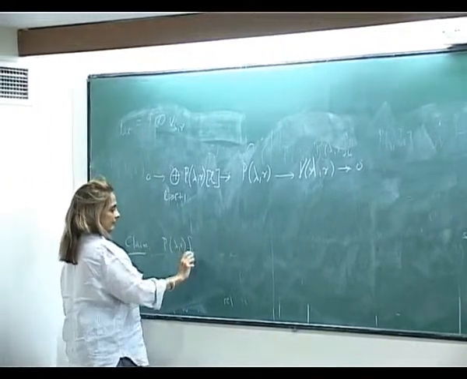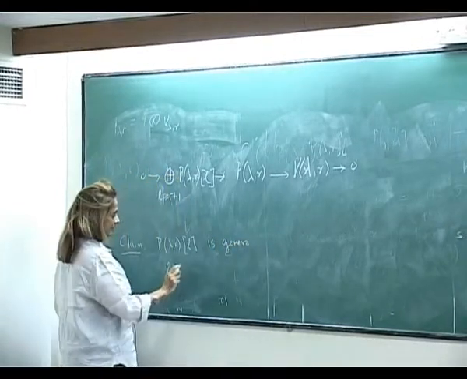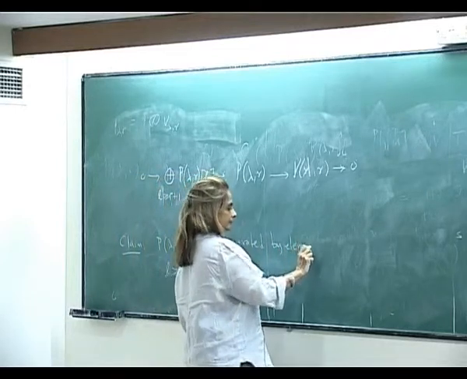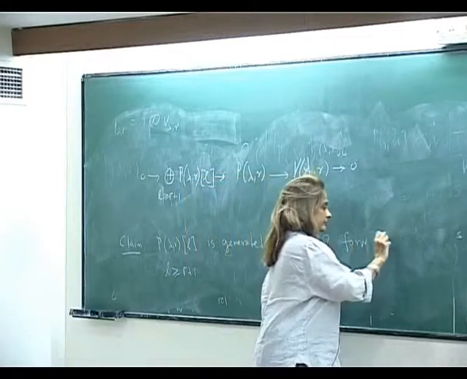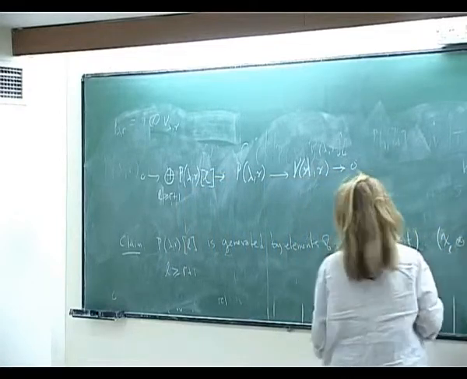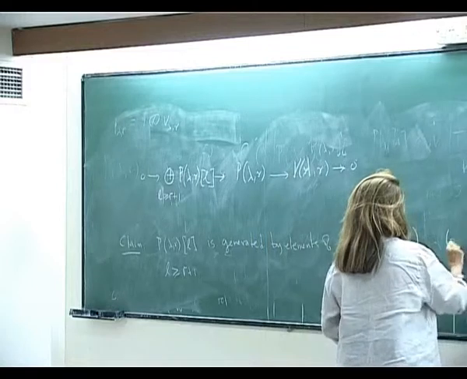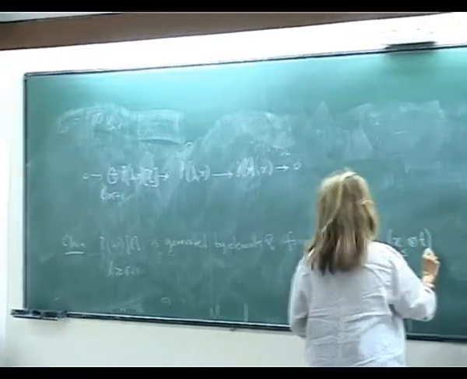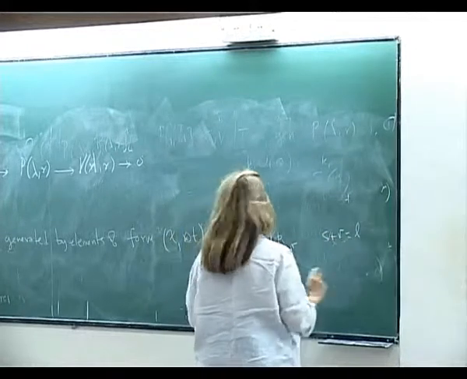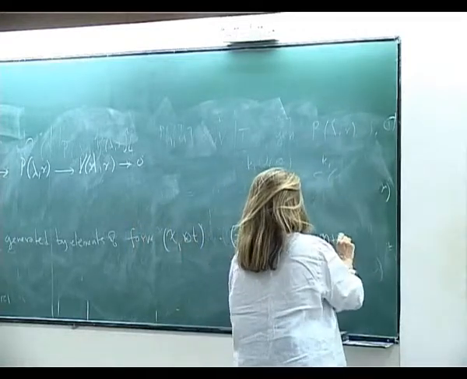P lambda R L, for L greater than or equal to R plus 1, is generated by elements of the form x1 tensor T up to xM tensor T, P lambda R, where M plus R equal to L plus 1.